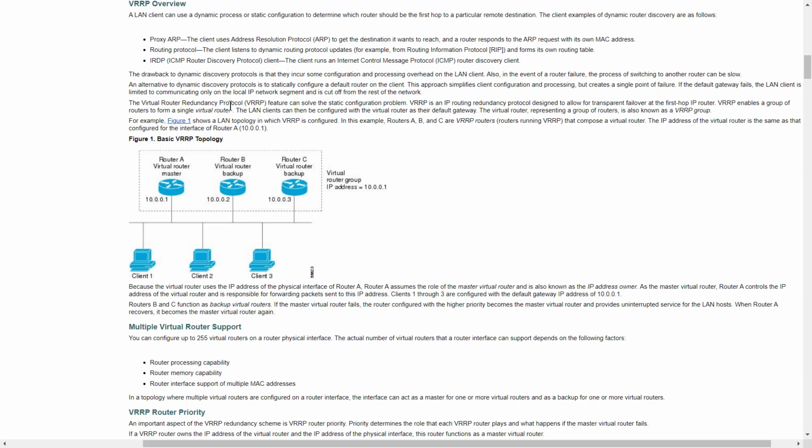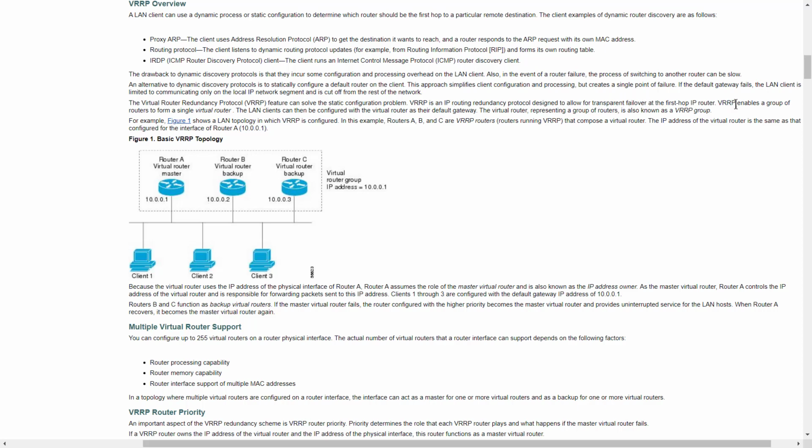VRRP is the Virtual Router Redundancy Protocol, an IP routing redundancy protocol designed to allow for transparent failover at the first hop IP router. Basically, it is used as a failover mechanism.